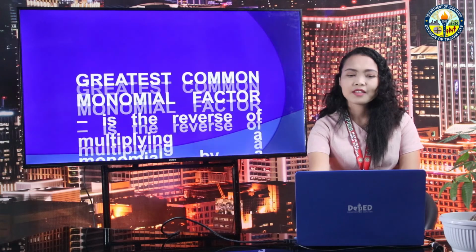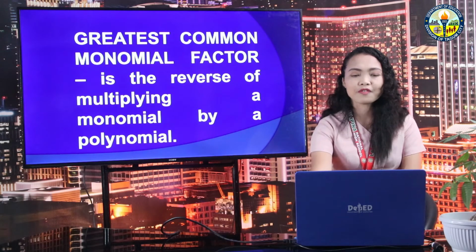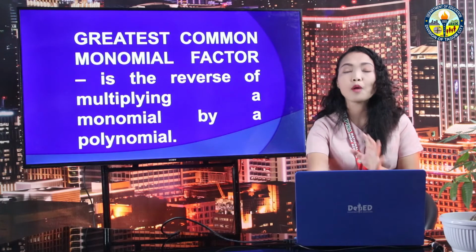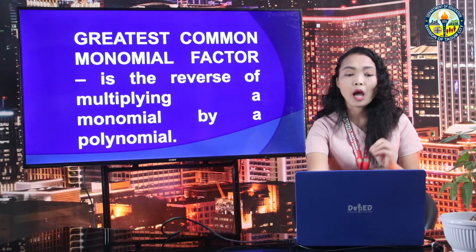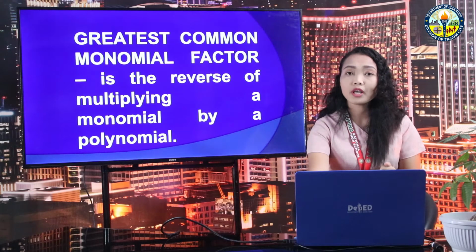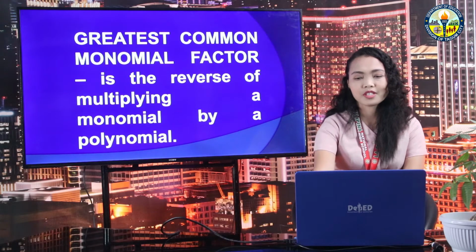Okay, next, the greatest common monomial factor. It is the reverse of multiplying a monomial by a polynomial. When we say monomial, it consists of only 1 term, and polynomial consists of 2 or more terms. Okay, let's proceed to our examples.